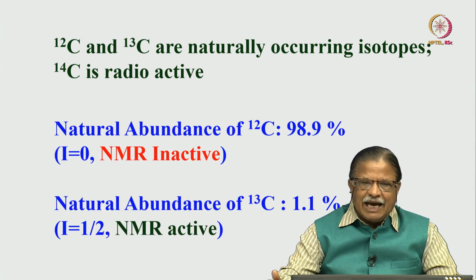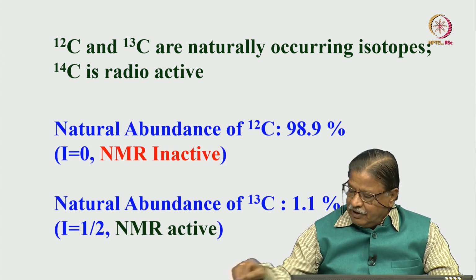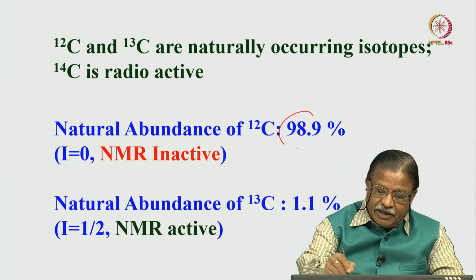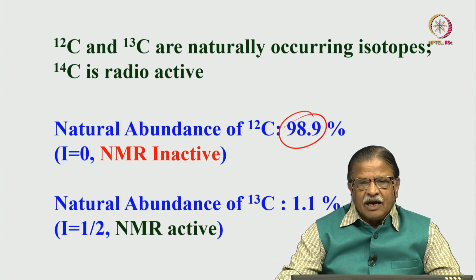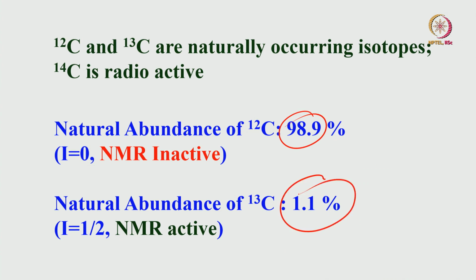If I look at the natural abundance, carbon-12 is 98.9% abundant, whereas carbon-13 is 1.1% abundant. Very interestingly, the spin for carbon-12 is 0, that means carbon-12 is NMR inactive, whereas carbon-13 with a spin half is NMR active.